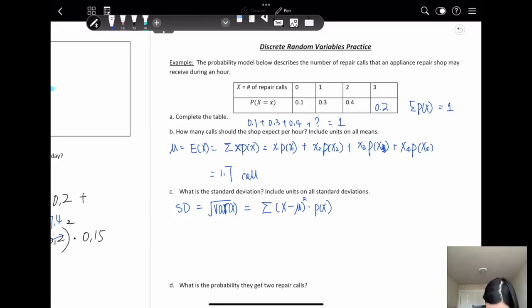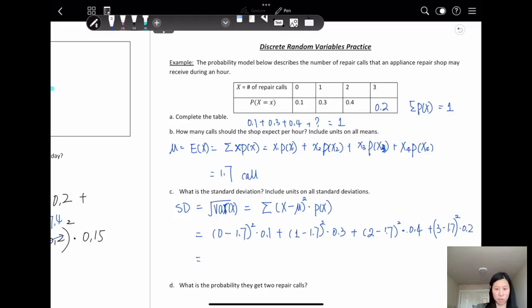In this case, we have 0 minus 1.7 squared times 0.1, plus 1 minus 1.7 squared times 0.3, plus 2 minus 1.7 squared times 0.4, plus 3 minus 1.7, then we square it, times 0.2. Now let's use our spreadsheet to do it.